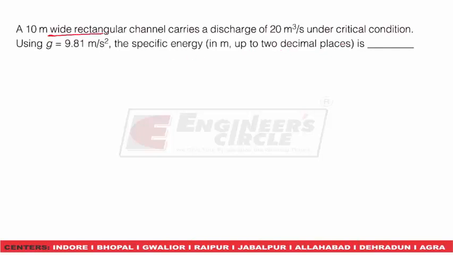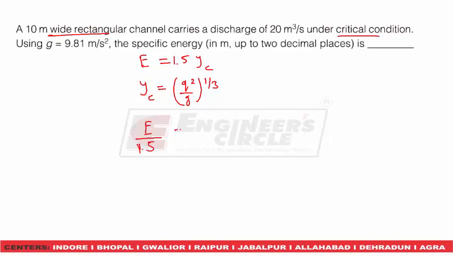Now we know that for wide rectangular channel, specific energy at critical condition is 1.5 into Yc, that is depth at critical condition, and we also know that critical depth is given by (q square by g) to the power 1 by 3 for wide rectangular channel. So here we can put Yc will be E by 1.5. Small q is discharge per unit width.